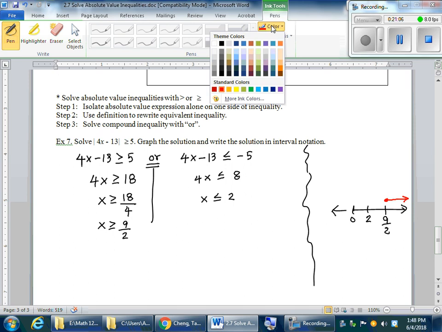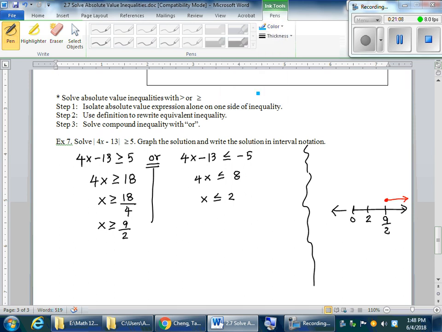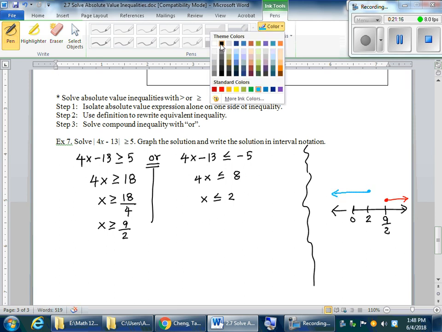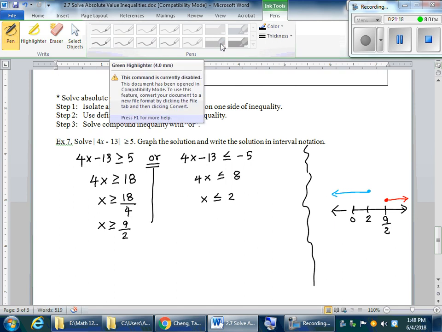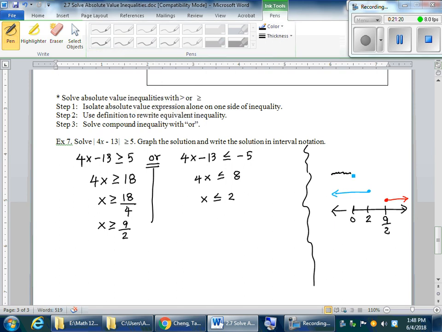And then the second one, x is less than or equal to 2, so it's going in this direction. Since the equivalent statement is using the compound inequality "or," that means my solution has to be all of these two inequality solutions together. So that gave us our final answer.